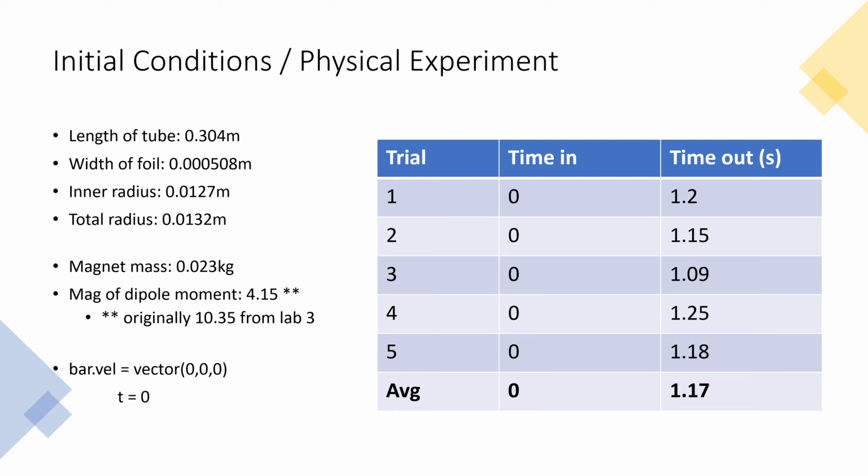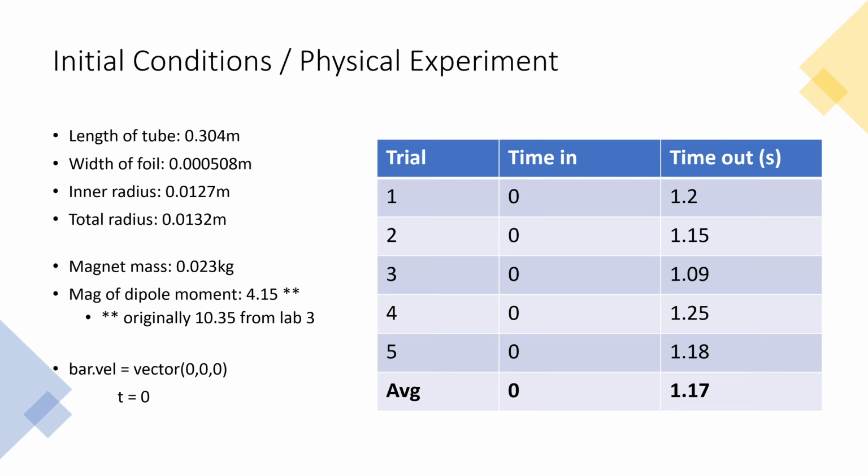The initial conditions used in this lab were the length of the tube being 0.304 meters, width of the foil being 0.000508 meters, and the inner radius being 0.0127 meters. The magnet's mass was 0.025 kilograms, and the magnitude of dipole moment was 4.15.